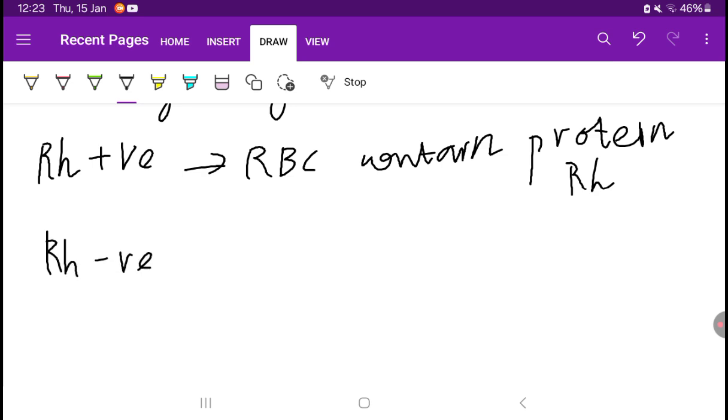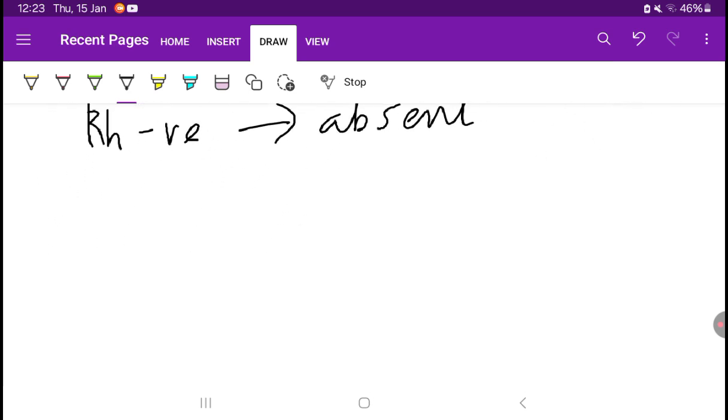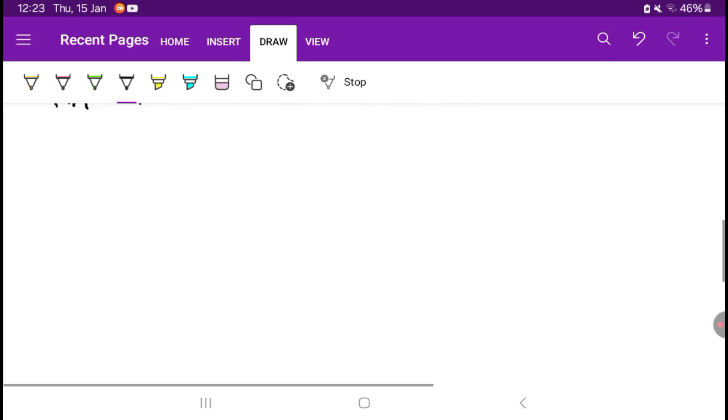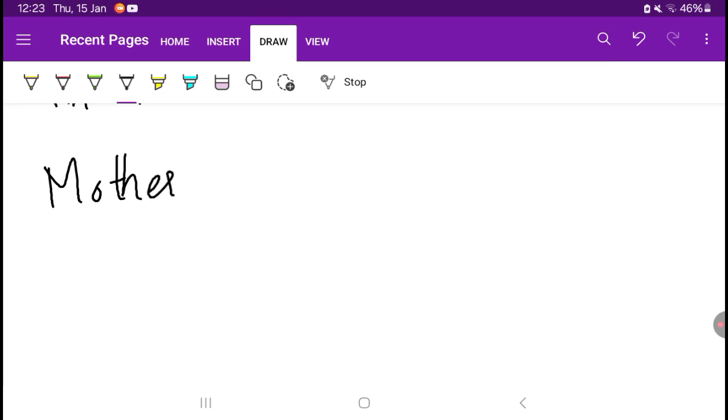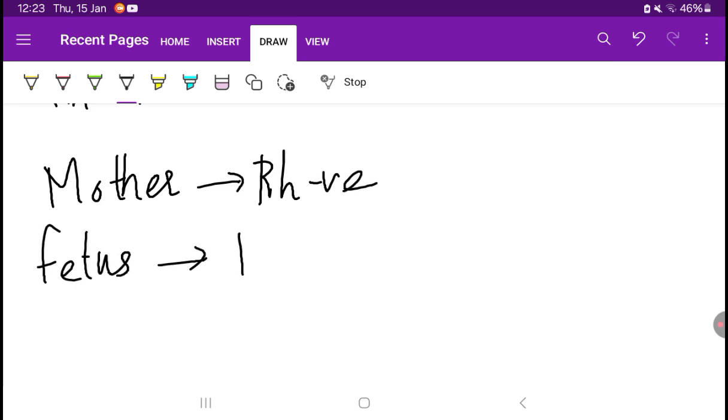Rh negative meaning this Rh protein is absent. So it causes a problem when the mother is Rh negative and the newborn fetus is Rh positive.